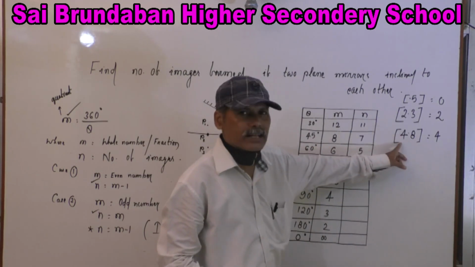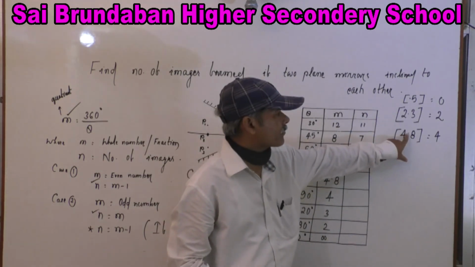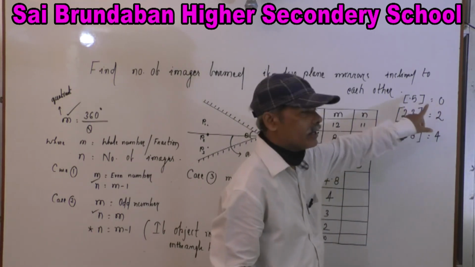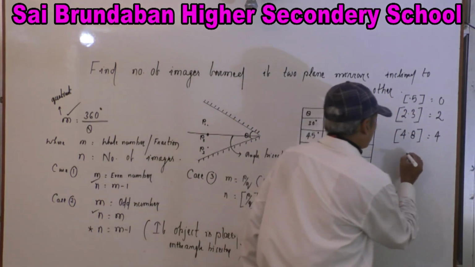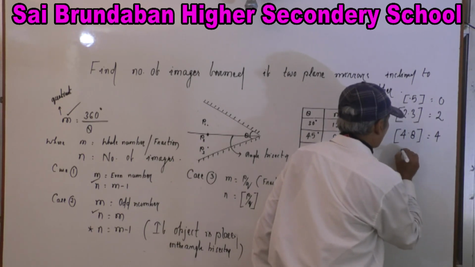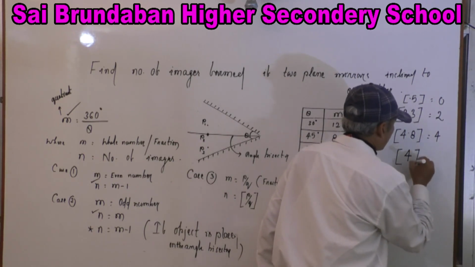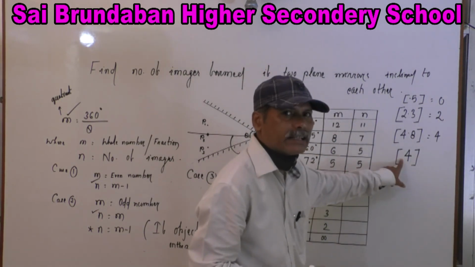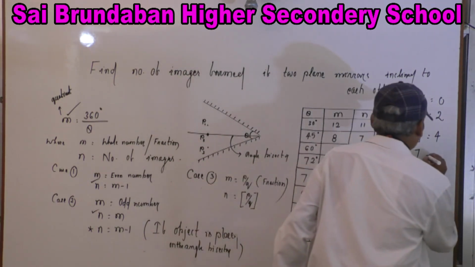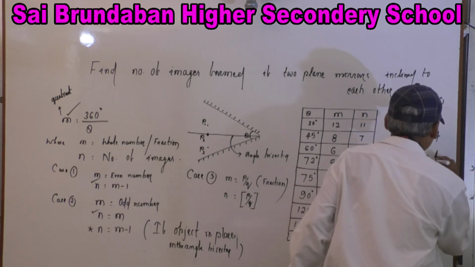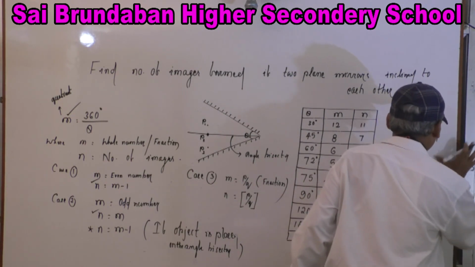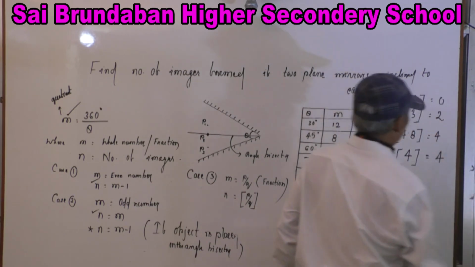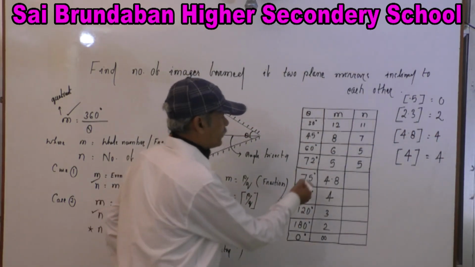If it is 4, the number itself is the greatest integer. So 4.8 gives 4.